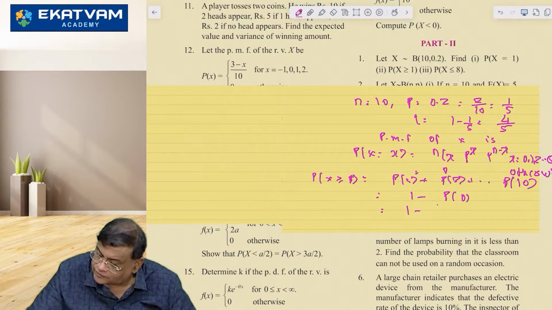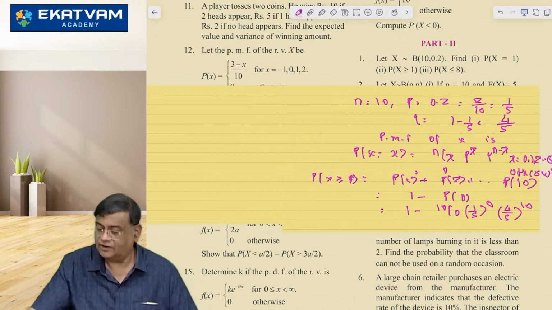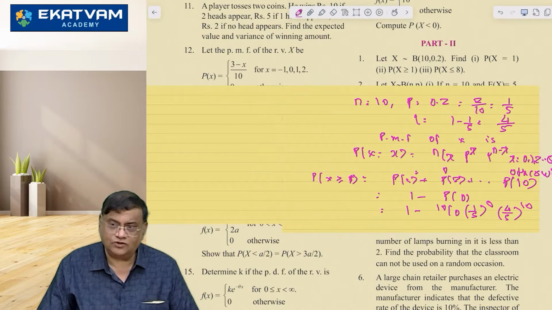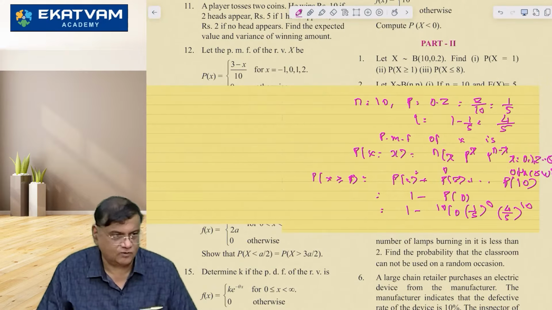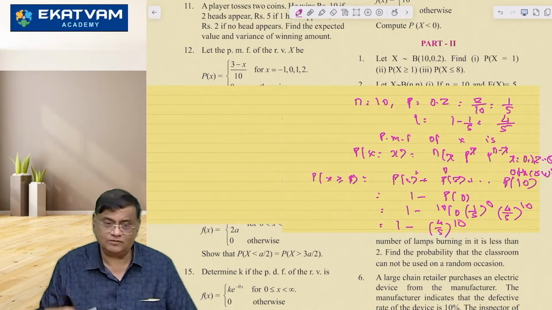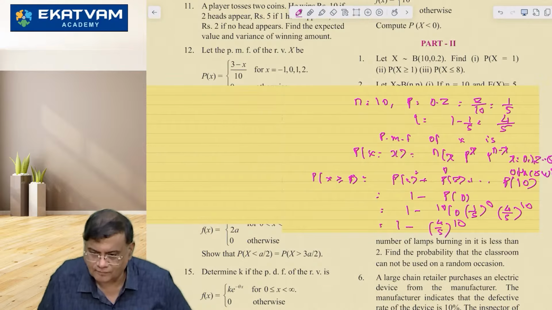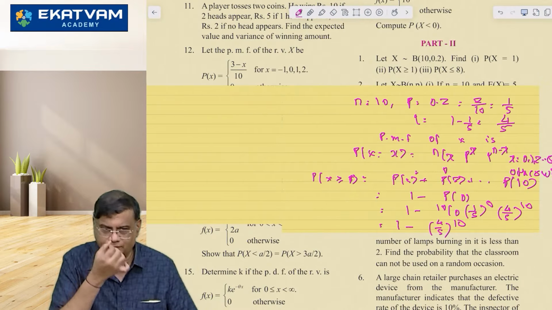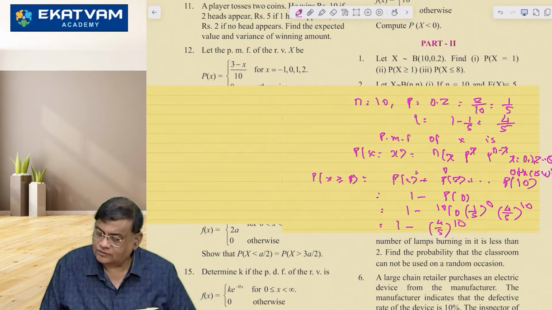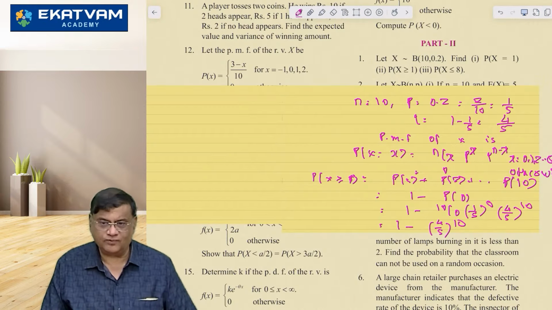So 1 minus, it will be 10c0, 1/5 raised to 0 and 4/5 raised to 10. अभी ये जरा बावड़ट है. ये इतना n equal to 10 देने की जरूरत नहीं थी when the calculator is not allowed. And therefore you can keep your answer as 1 minus 4/5 raised to 10, क्योंकि ये निकलना नामुमकिन. Without calculator is too difficult. उनको अगर चेक ही करना था तुमको आता है या नहीं, तो n की वैल्यू 4-5 भी दे सकते थे.